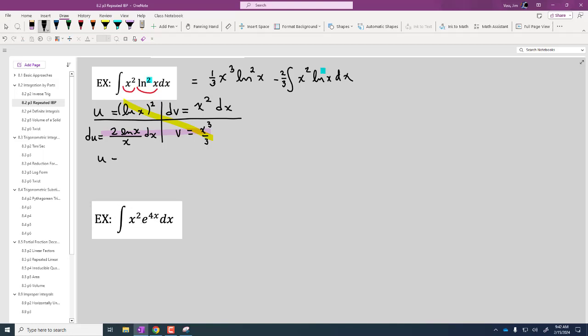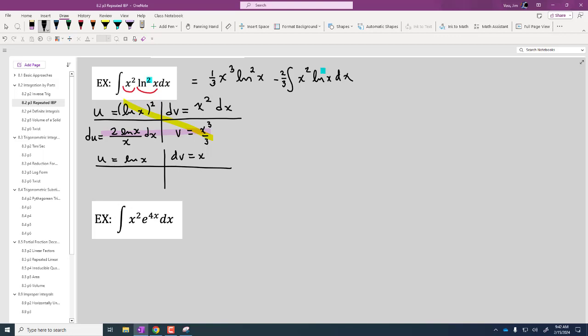We're going to let u be natural log of x, and we're going to let dv be the largest part that's easily integrable. And now here actually there is a choice, and I want to point out a strategy that could make our life a little easier. Our instinct is always to pull those constants out to the front immediately.